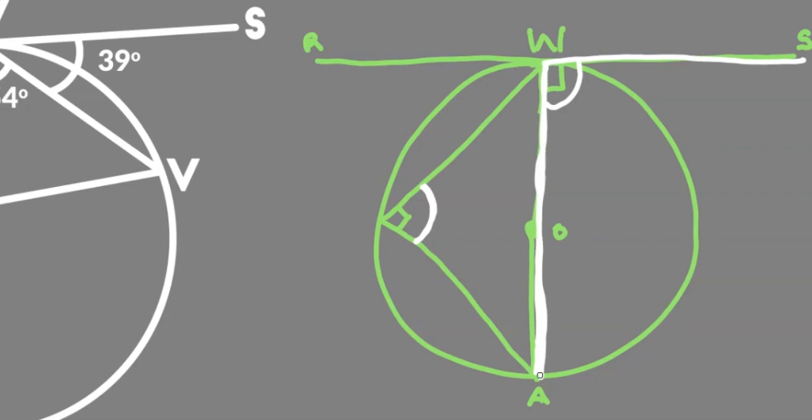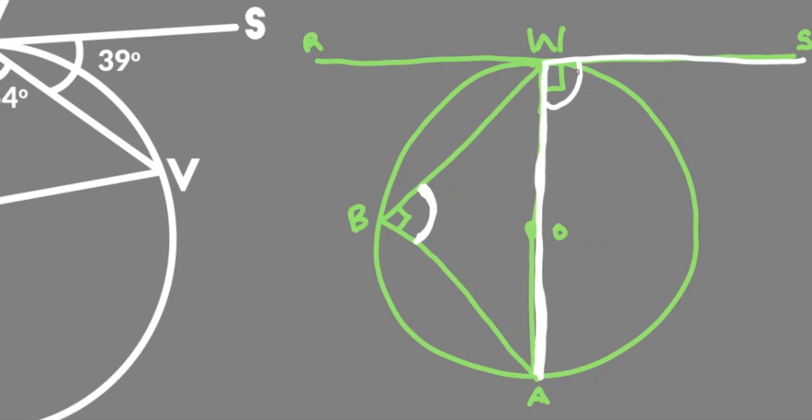So this is the line that is not part of the tangent, AW, and then we're talking about the angle that is opposite this line, which is this angle here. So this angle here, let's add a letter here, let's say it's B. So the angle at B here, ABW, is going to be equal to the angle AWS.